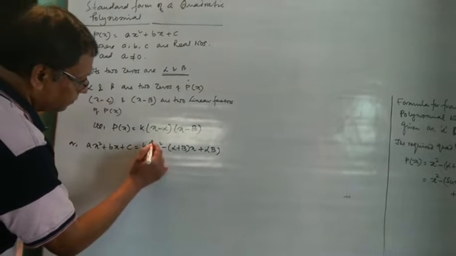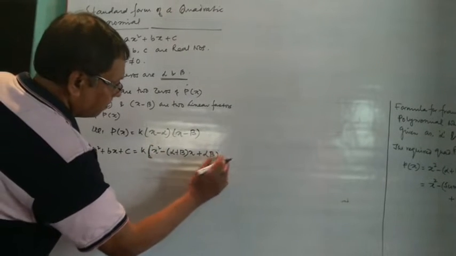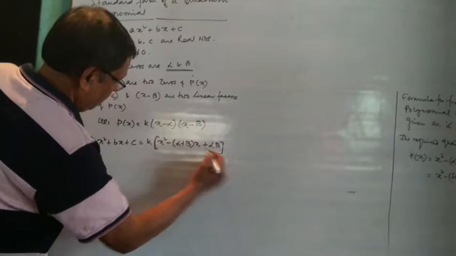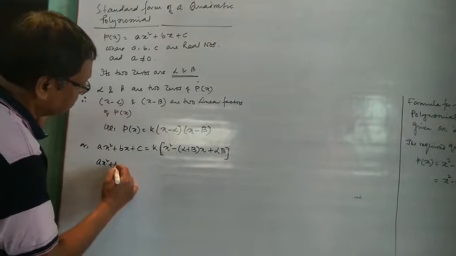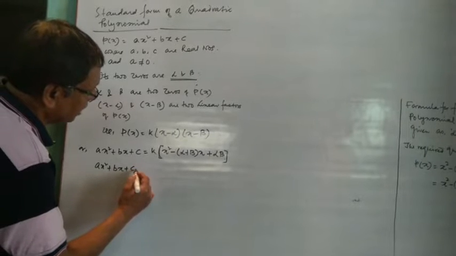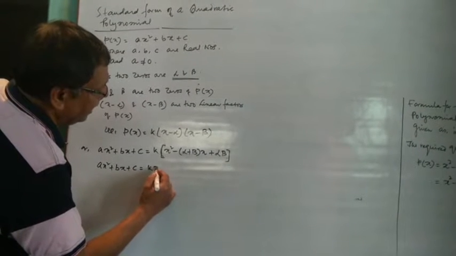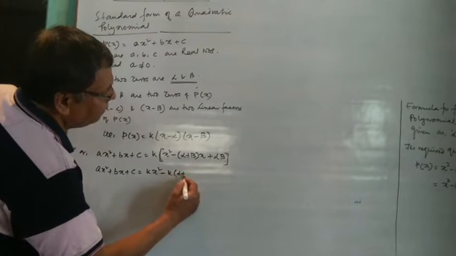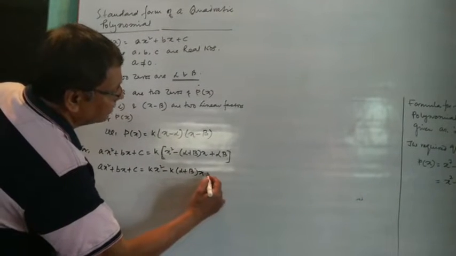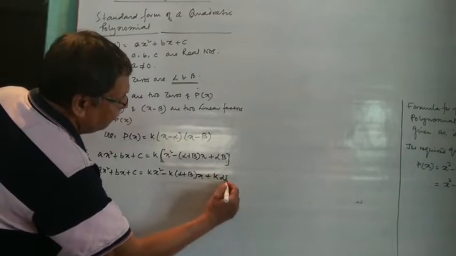Now, ax square plus bx plus c equals kx square minus k(alpha plus beta) into x plus k alpha beta.